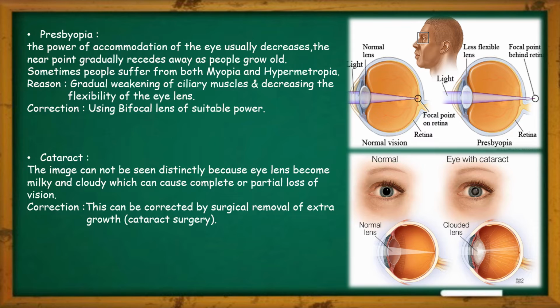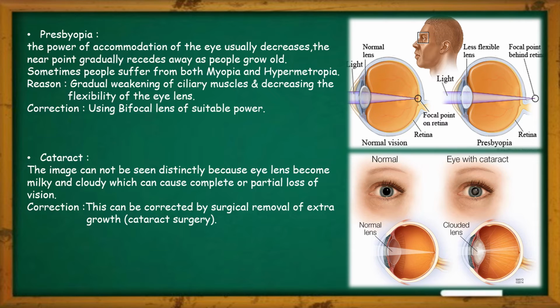Next type of eye disease is called cataract. This is a very common type of eye defect which is seen nowadays. In this eye disease, the image of the object cannot be seen distinctly because the eye lens becomes milky, blurry and cloudy.